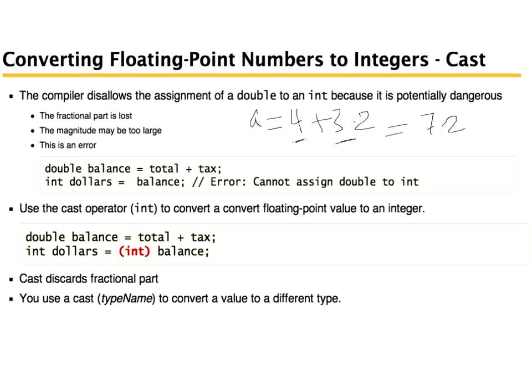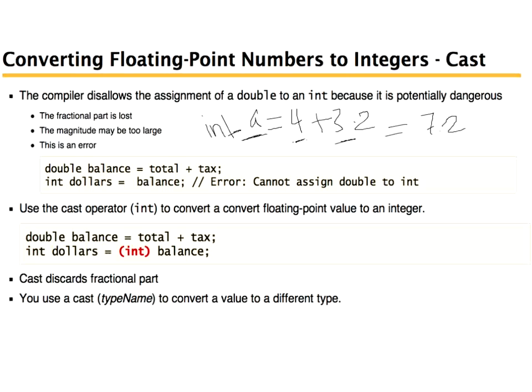Now, what if you actually want the answer to be an integer? If you say int a equals 4 plus 3.2, it will be an error. Java will not allow you to do this operation, because it will say, hang on, a has to be a double, because one of the operands is a double.